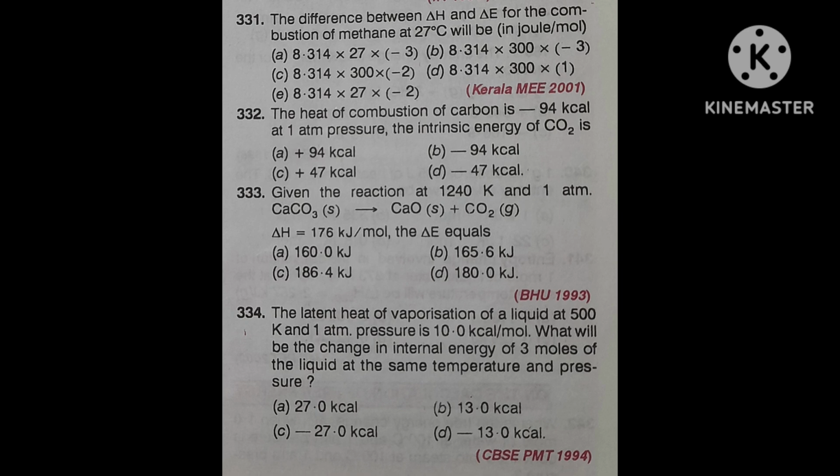Here, just simplify and see what will happen. Delta E is equal to delta H plus Ng RT. That formula you have to use. But here one thing you have to consider, the delta N value. You have seen product side is 1, reactant side is 0. Correct?